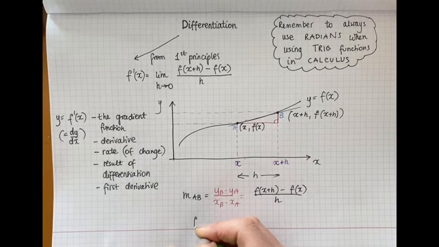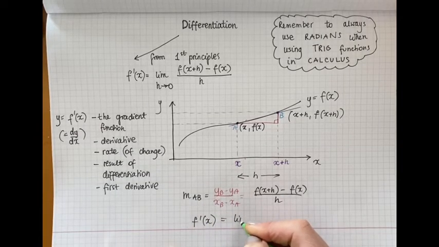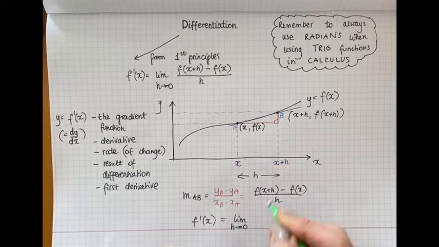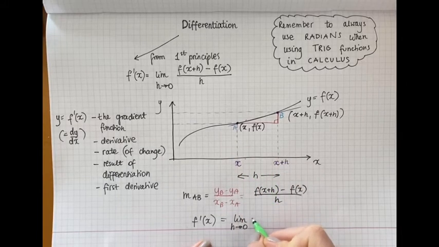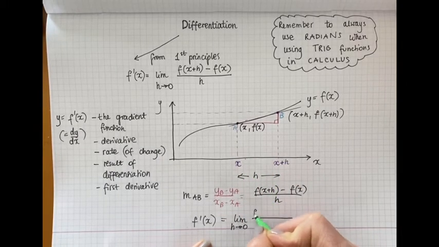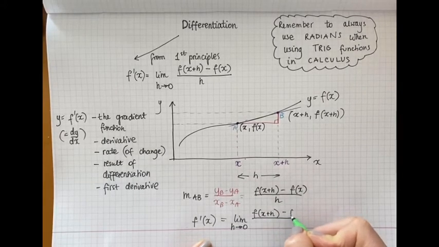So this is the definition of the gradient function. It's the limit: as h tends to 0, the gap between the points A and B is diminishing, and you're going to find the limiting value of that expression.